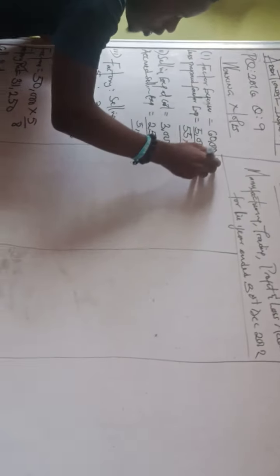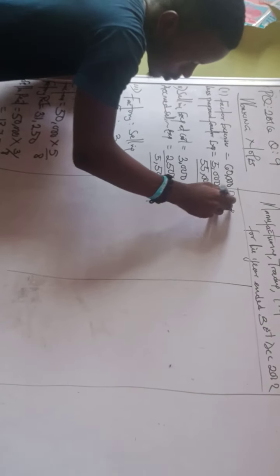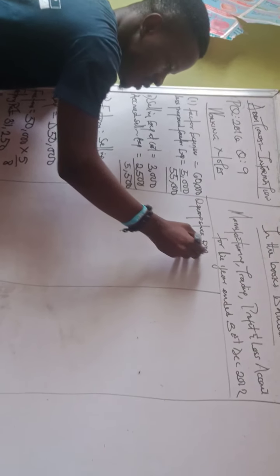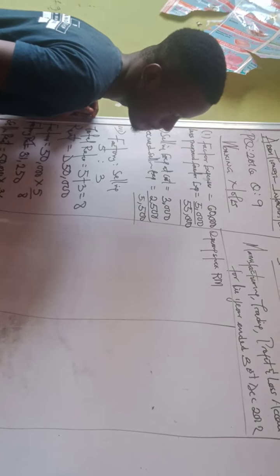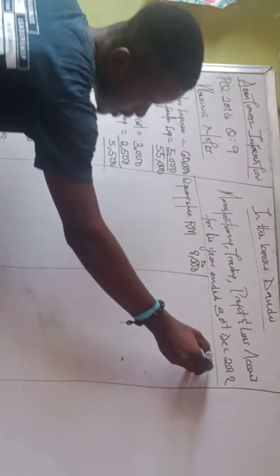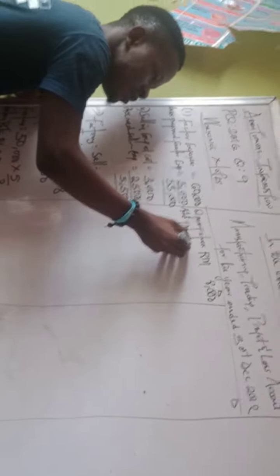So first thing we do is the opening stock of raw materials, is that not? Yes. So what's the amount? 8,000. Please don't make a mistake; the currency is naira. We add purchases of raw materials.